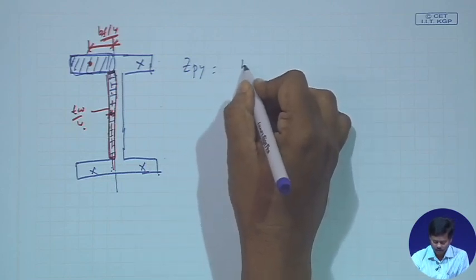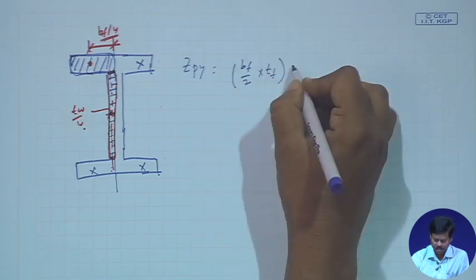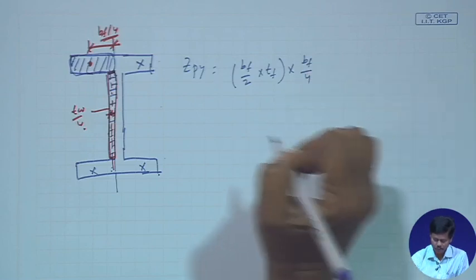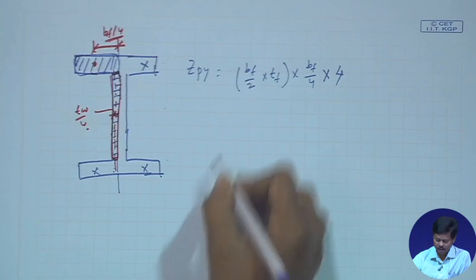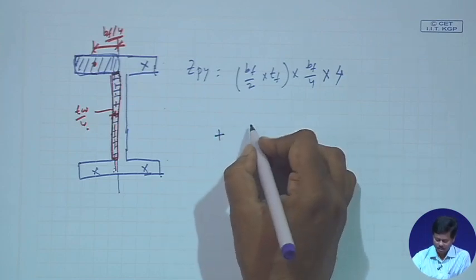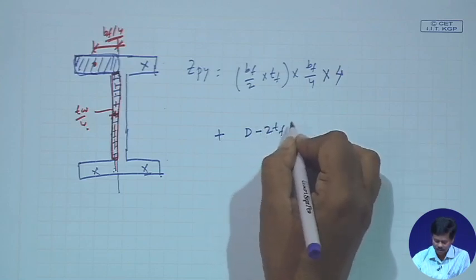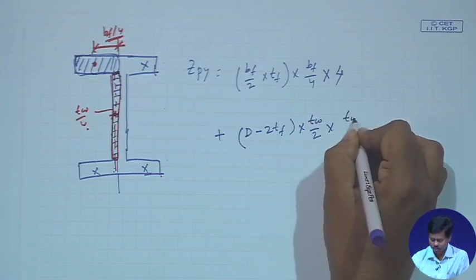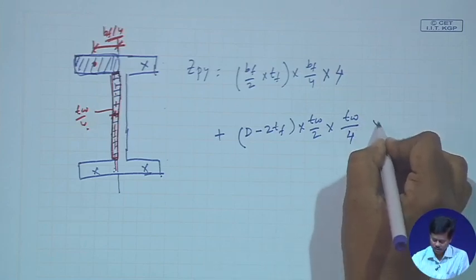So, B f by 2 into T f, this is the area, into the C g distance from the neutral axis, that is B f by 4, into 4, right, plus the area of the web, which will be (d minus 2 T f), this is the depth, into T w by 2 into the distance T w by 4, right, and into 2 sides.